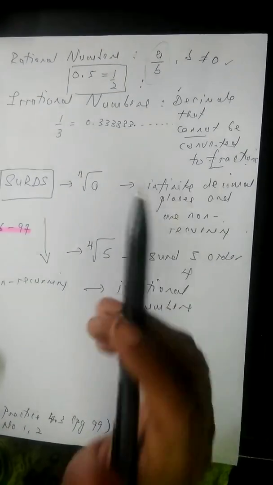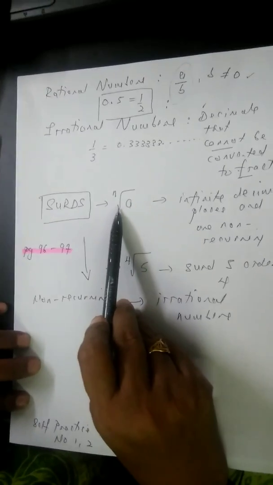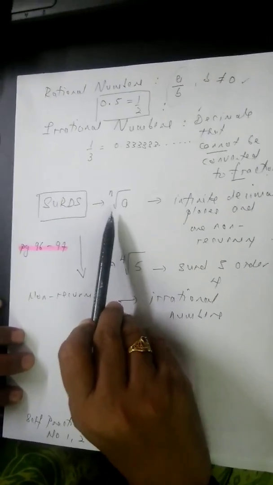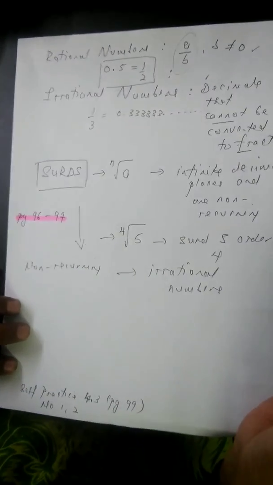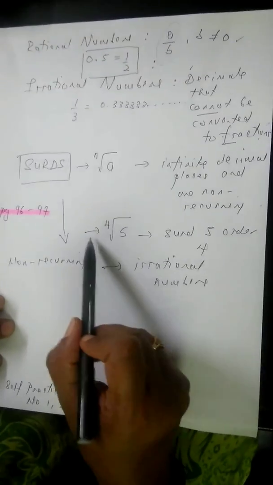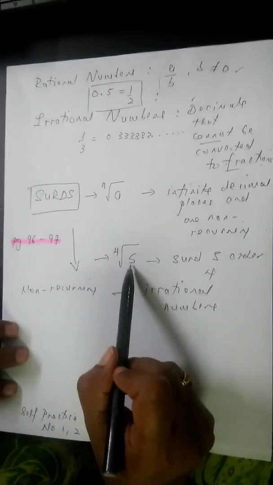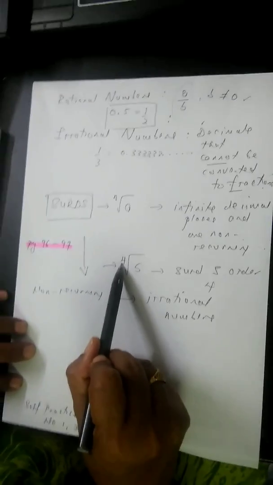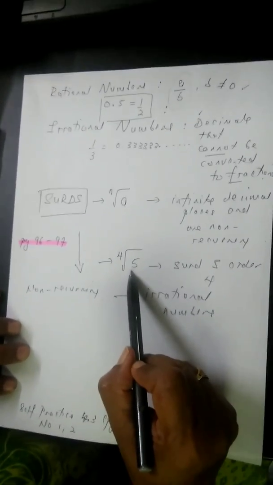Normally surds can be written in this form: a, called surd a order n, so this is surd of a to order n. For example, surd 5 order 4. This is one example of a surd.